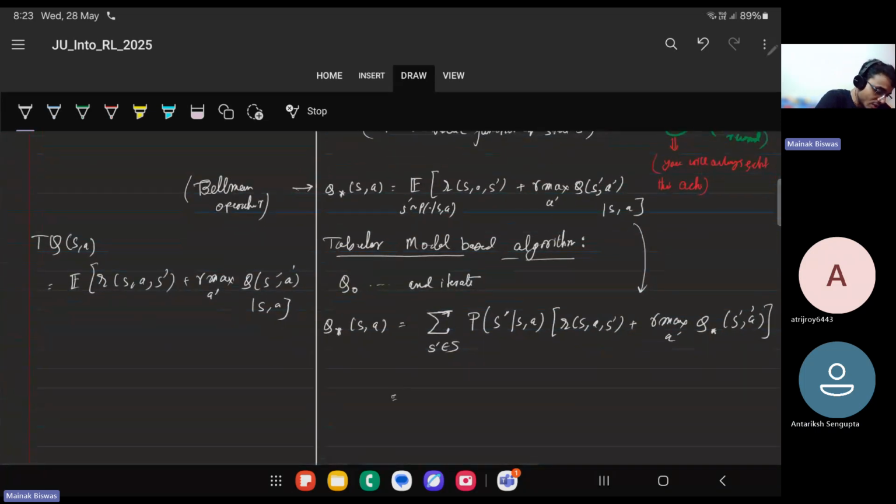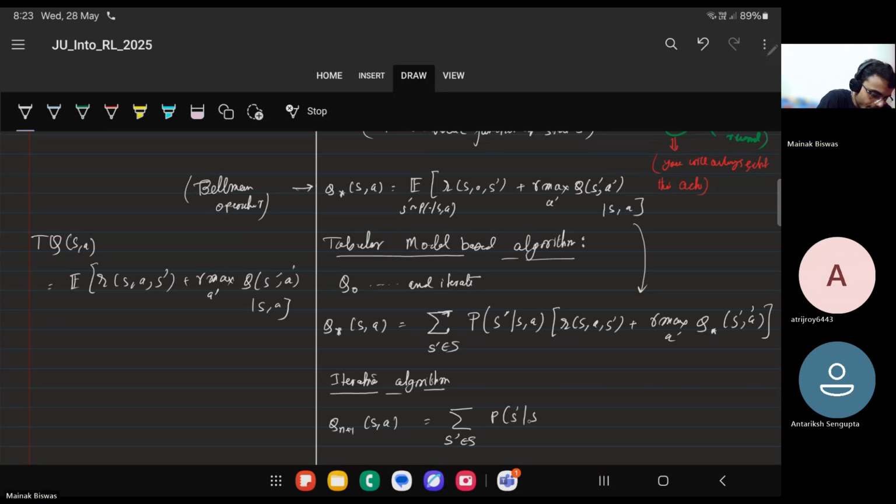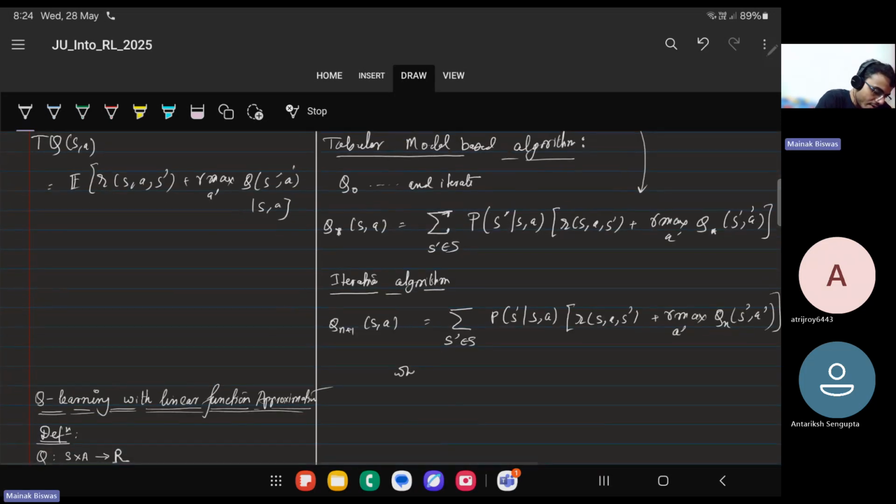Great. So now the iterative algorithm is as follows: Q_{n+1} of S comma A is equal to the sum over S dash of the probability times the reward plus gamma times max over A dash of Q_n of S dash, A dash. Here, everything is already known to us. You can keep on iterating until convergence.